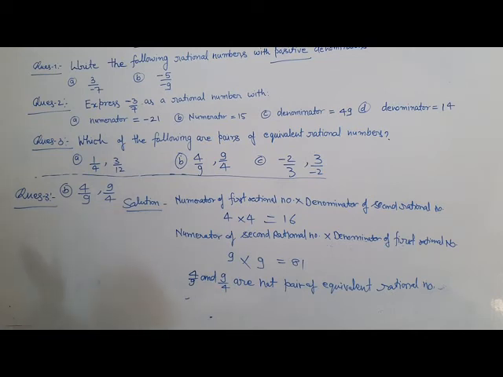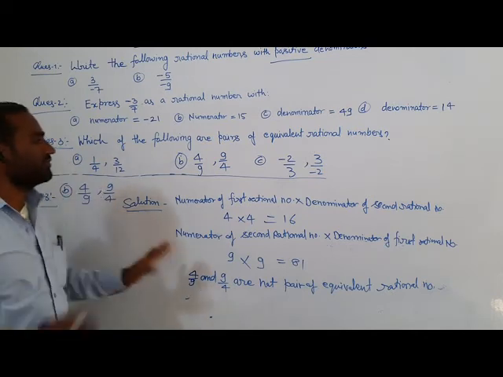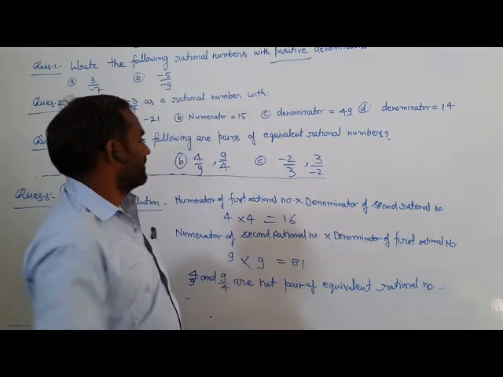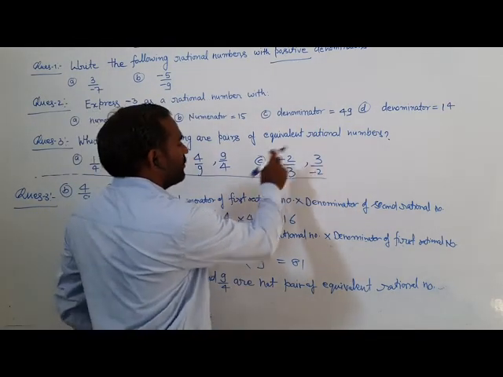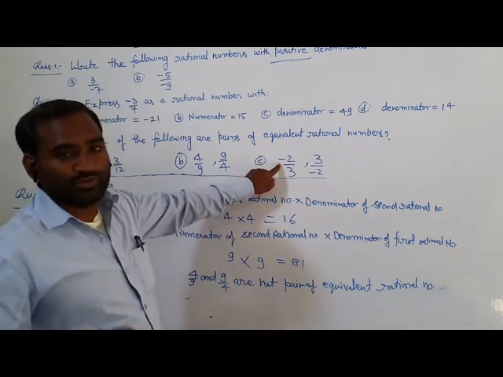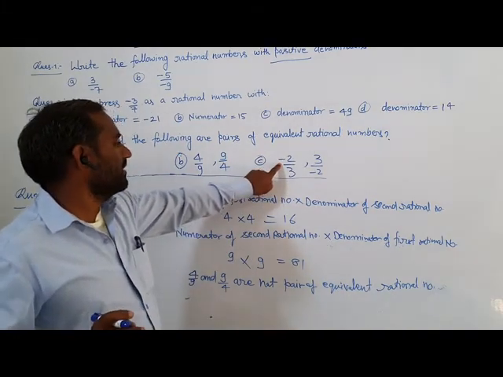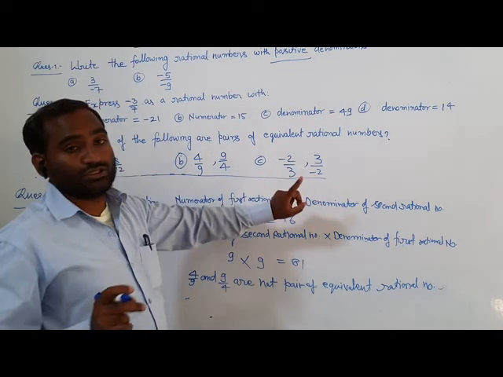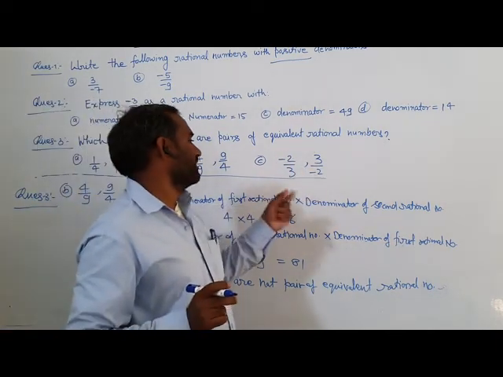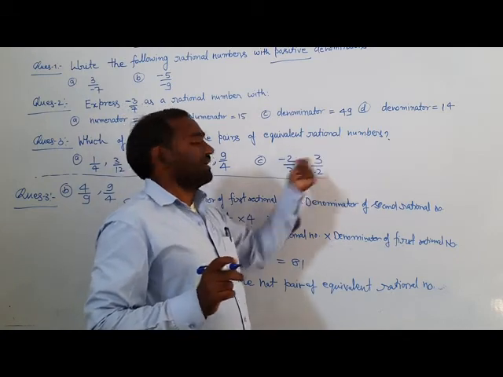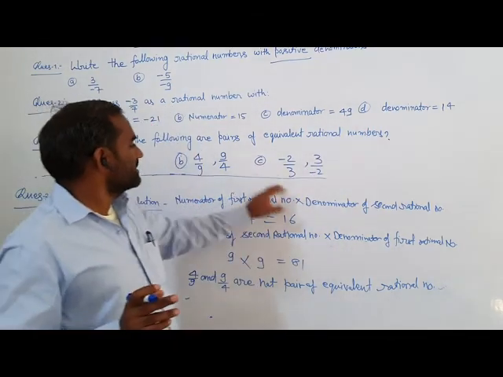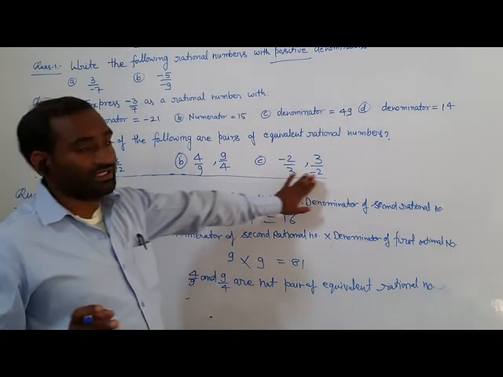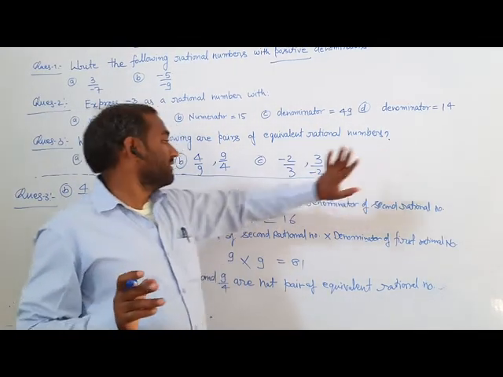Now with the help of this question you can also solve option C. When you solve option C, multiply the numerator of first rational number and denominator of second rational number: minus times minus is plus, 2 twos are 4, 3 threes are 9. Both are not equal. So C will also not be a pair of equivalent rational numbers.